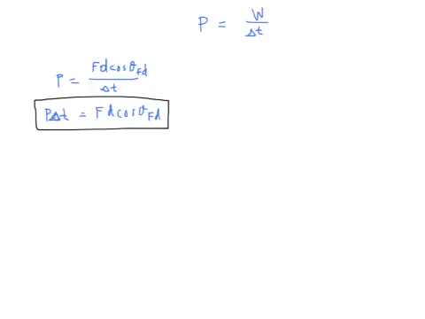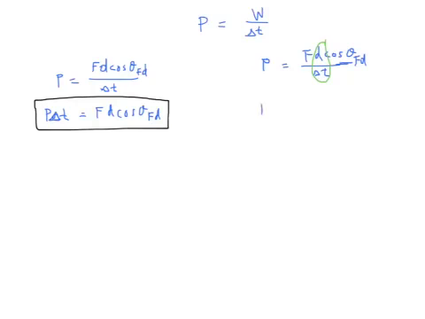Another equation is this. Power equals, it's the same thing again, Fd cosine theta between those F and d arrows, over time. But if we think about this just for a moment, distance over time is something we already know.